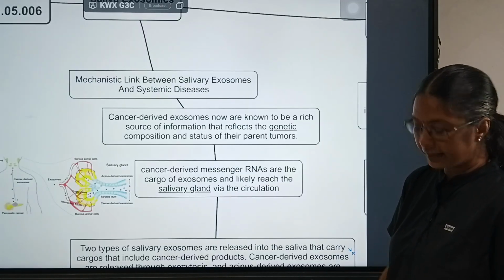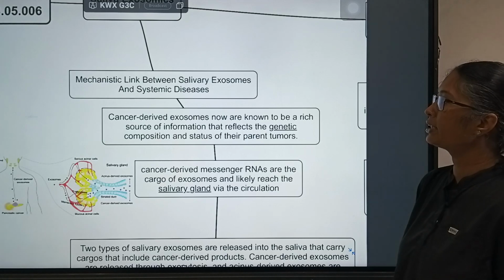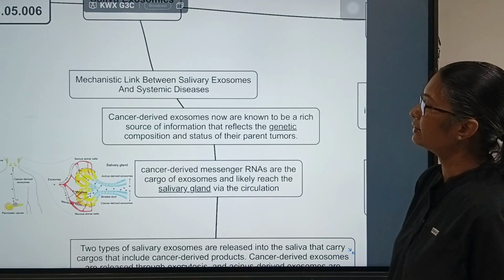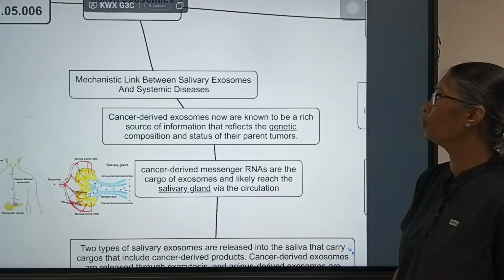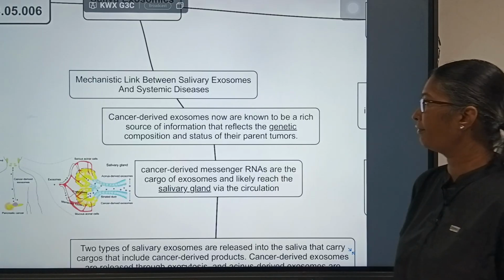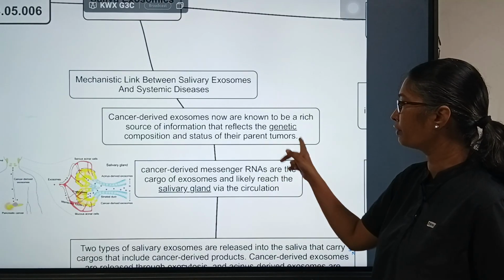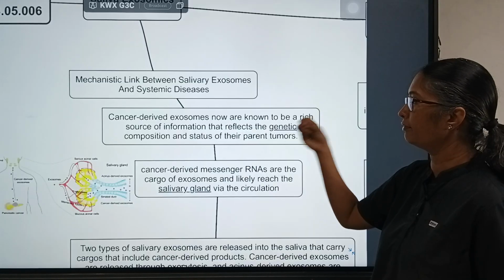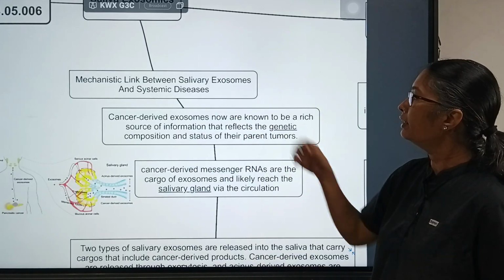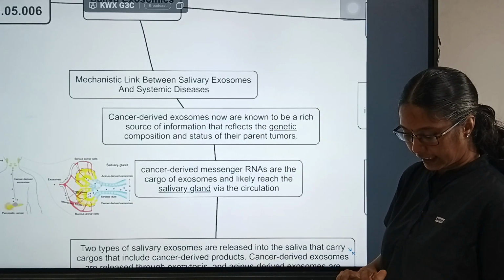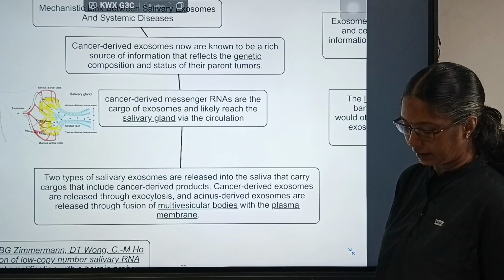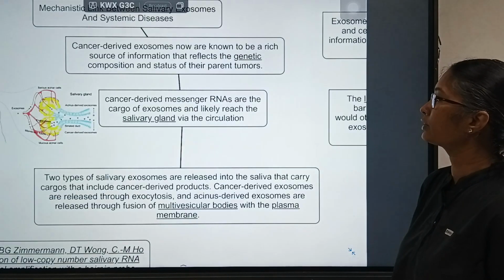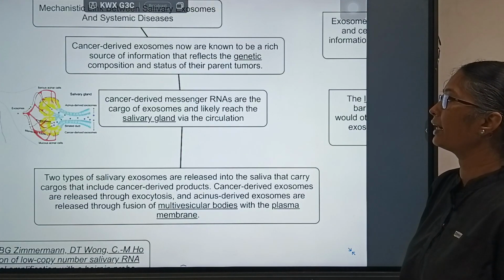And what is the mechanistic link between the salivary exosomes and systemic diseases? So cancer-derived exosomes are now known to be a rich source of information that reflects the genetic composition and status of their parent tumors. So parent tumor is where the tumor originated, and these cancer-derived exosomes may help in detecting those. Cancer-derived messenger RNAs are the cargo of exosomes and likely reach the salivary gland via circulation.